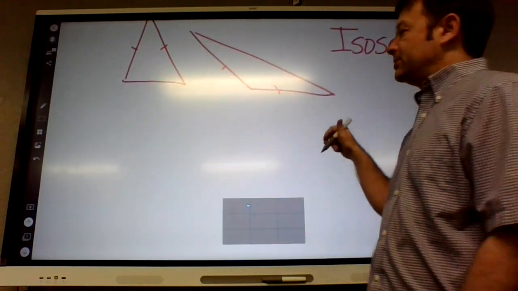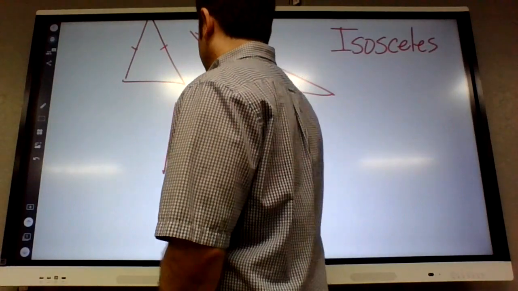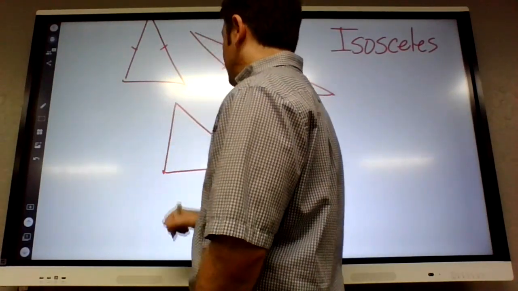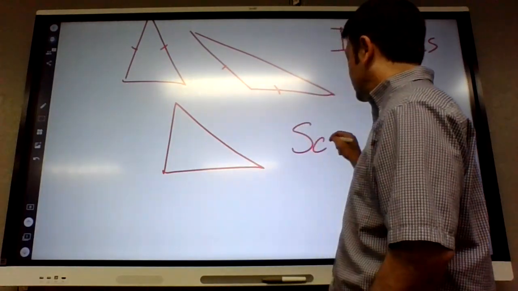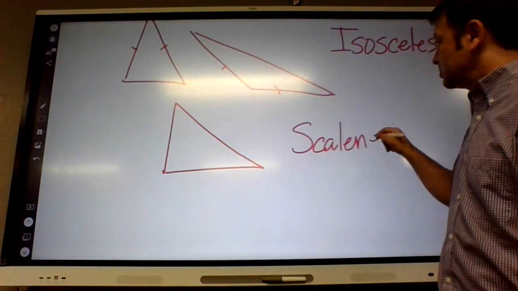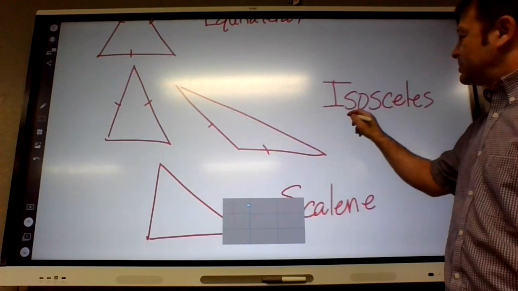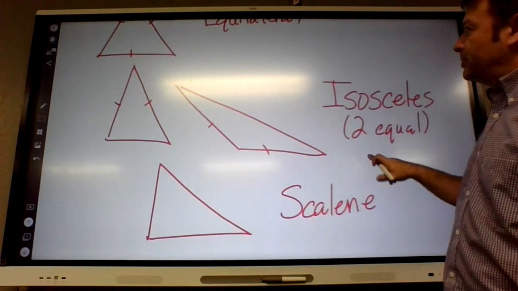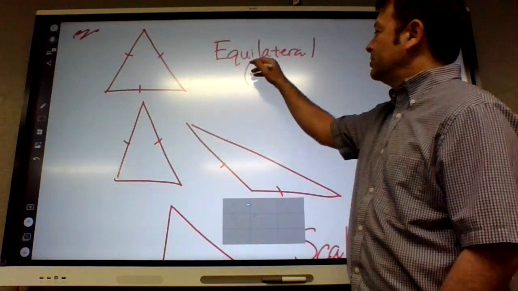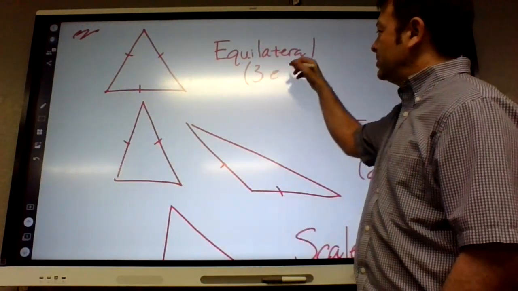And if no sides are equal, it's called scalene. So isosceles is two equal sides, and equilateral, this is the one people remember, three equal sides. It's got equal in the word.